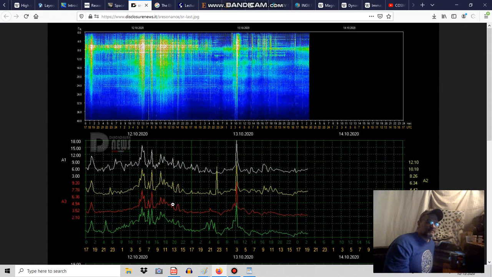The amplitude, the electrics, people look at that first, maybe because it's the first graph that people see. When you go to disclosurenews.it, the parent site here, when they give the power rating, it's of the amplitude.